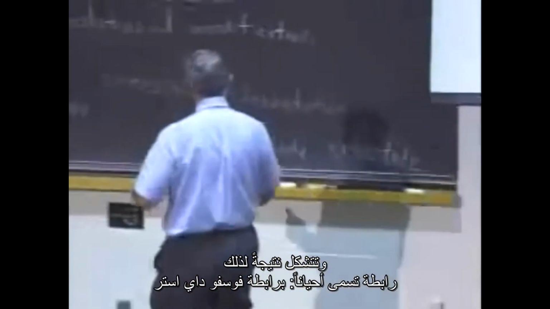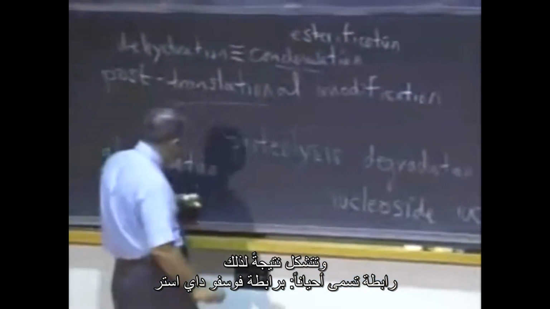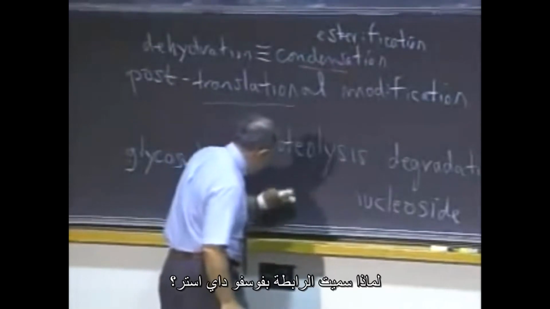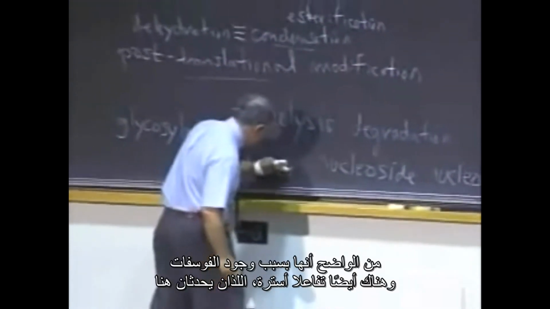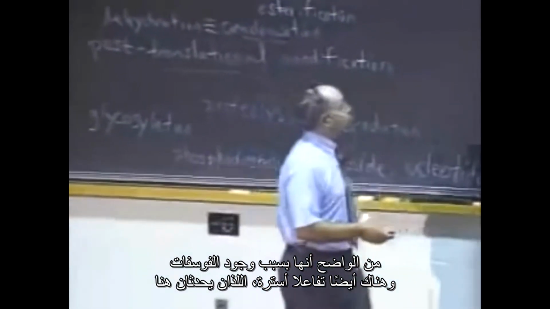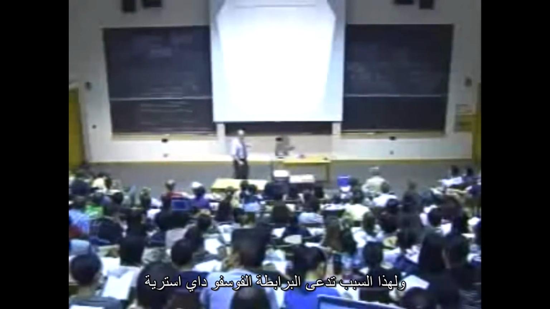So that requires an investment of energy, and the resulting linkage which is formed is sometimes called a phosphodiester linkage. Why phosphodiester? Well, obviously it's phospho, and there actually are two esterifications occurring here. If we look at one of these phosphodiester bonds, we see that an ester linkage has been made with this hydroxyl, and an ester linkage has been made with this hydroxyl. And for that reason, it's called a phosphodiester linkage.